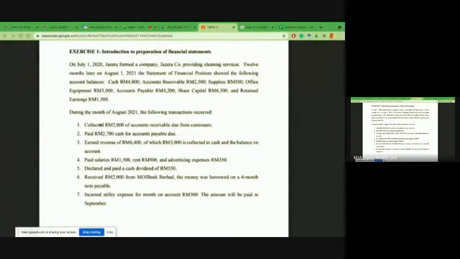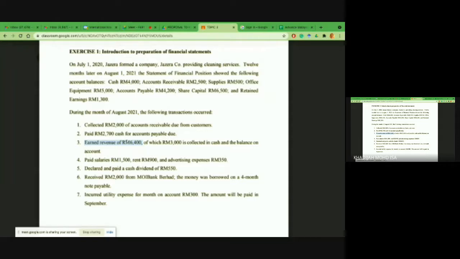The next one is that you earn 6,400, of which 3,000 is collected in cash and the balance on account. So what do you mean by earned revenue? All right, so it means now you have a revenue of 6,400.